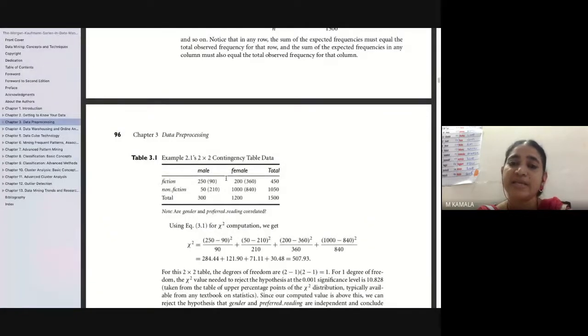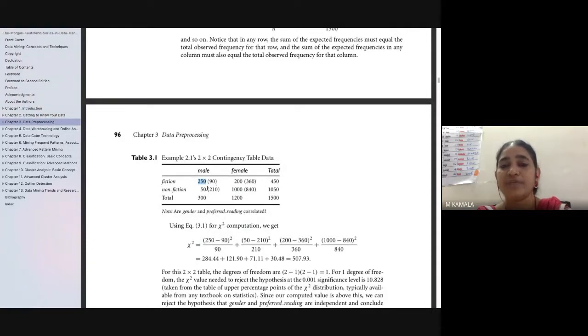Inside this contingency table, you fill that table with the count. Leave the bracket values for now; we will see them later. Here, 250 males are interested in the fiction books, 200 females are interested in the fiction books, and a total of 450 persons are interested in fiction.